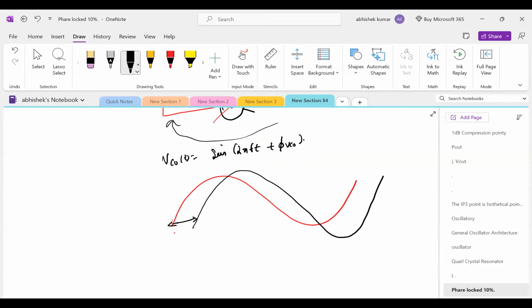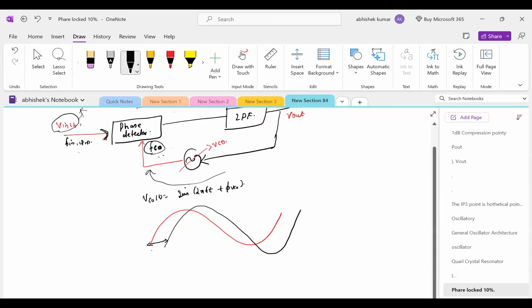Now what does the phase detector do? A phase detector produces an output proportional to this phase. Suppose the VCO and F input signals have different phases. So the phase detector will check the difference and convert that phase difference into one output, the error voltage: phi in minus phi VCO, which is equal to K D delta phi.